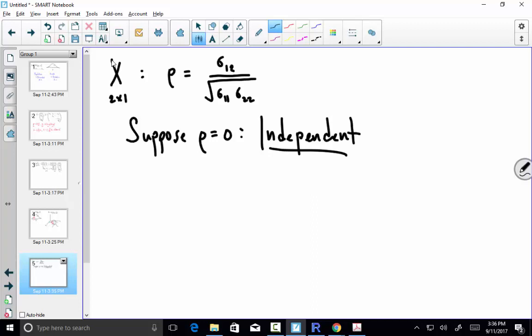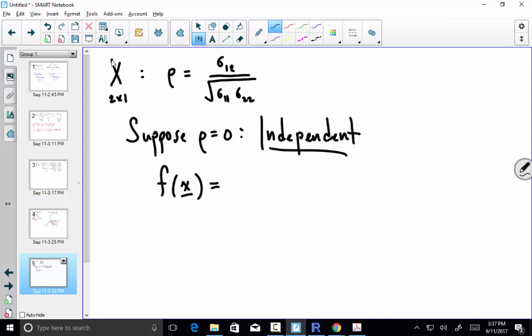And what can I do? The probability distribution for a vector x, if x1 and x2 are independent, what math operation can I do to simplify? I can multiply.